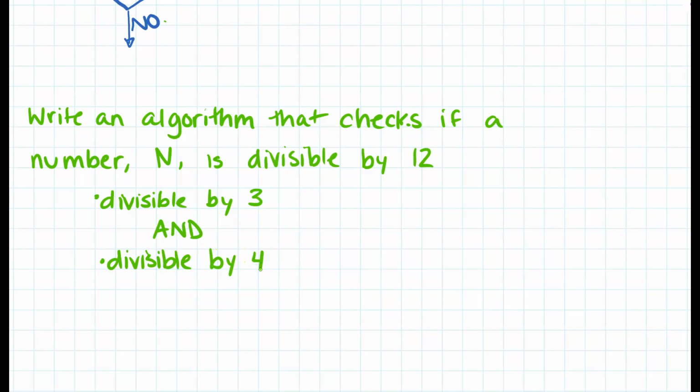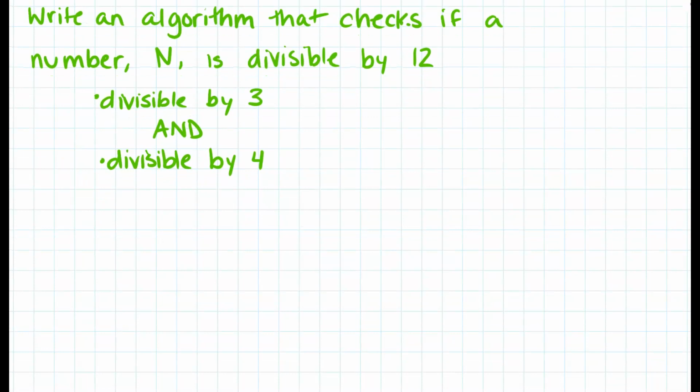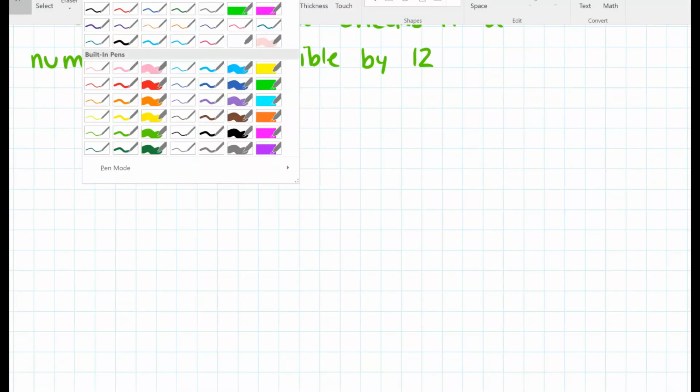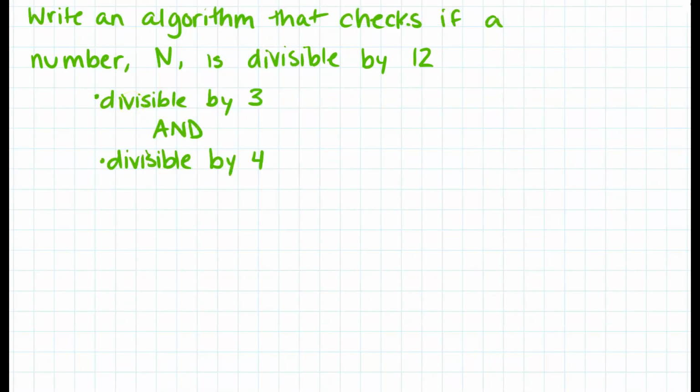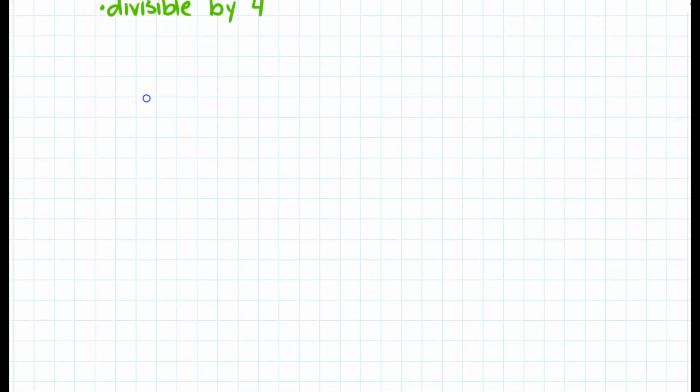It's slightly easier to check if a number is divisible by 3 or 4. So let's draw a flowchart for this algorithm. We're essentially going to check, is our number n divisible by 3, and is it divisible by 4?